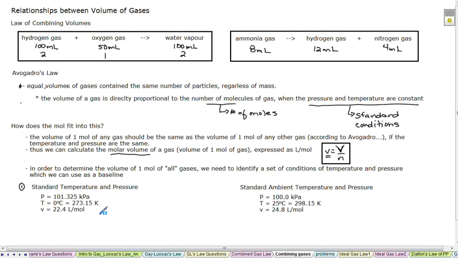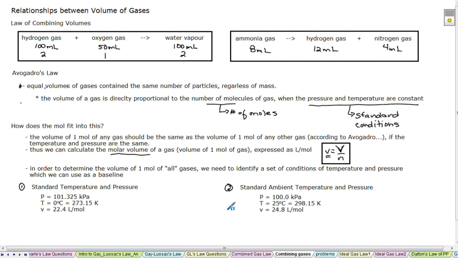Now, to do experiments at that temperature is very cold, so chemists also developed standard ambient temperature and pressure. And under these conditions, we have a little bit less pressure, 100 kilopascals. Temperature is a very nice 25 degrees Celsius. And our molar volume would be 24.8 liters per mole.